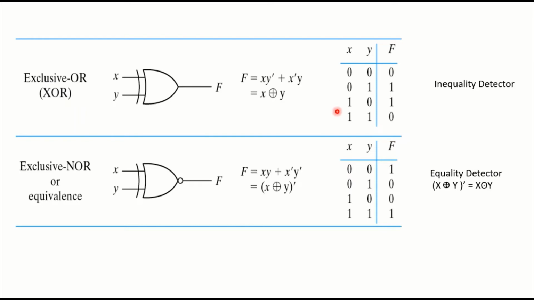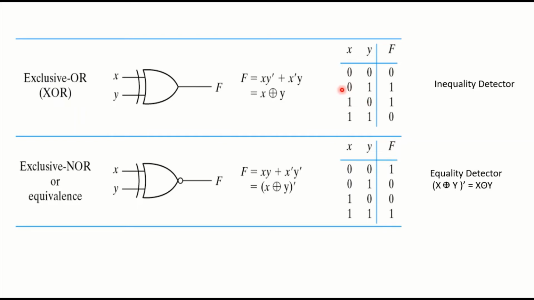Now from this truth table we can see what we are getting. If the inputs are not equal, here we have x is 0, y is 1, or here we have x is 1, y is 0.